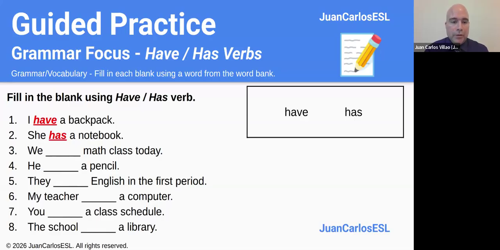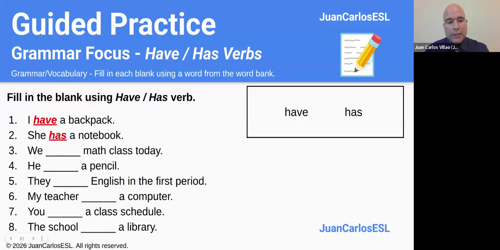Number 3, we blank math class today. So what did we say when the subject is we? And we said that it is first person. You're including yourself as part of the subject because we.